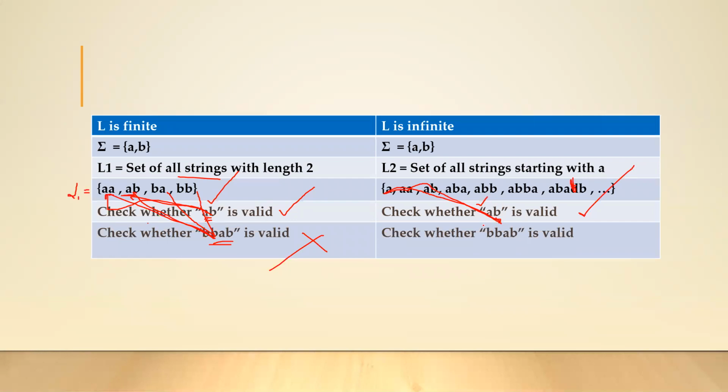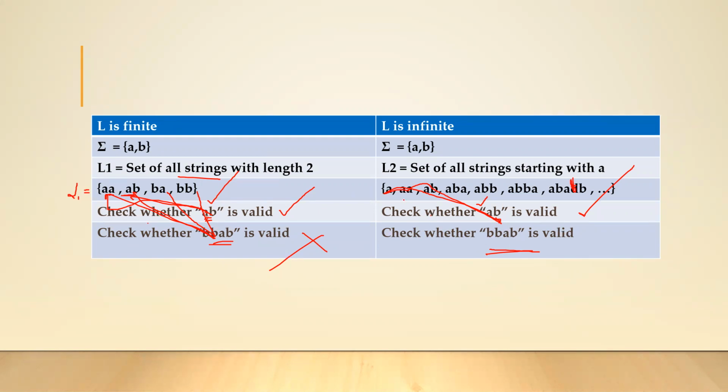Now the same question again: check whether BBAB is valid. Because you people are humans, you will be able to quickly say it starts with B, so it is not valid. But as I've always told you, machines need instructions. Machines cannot quickly think logically as you people think. So the same logic is followed.